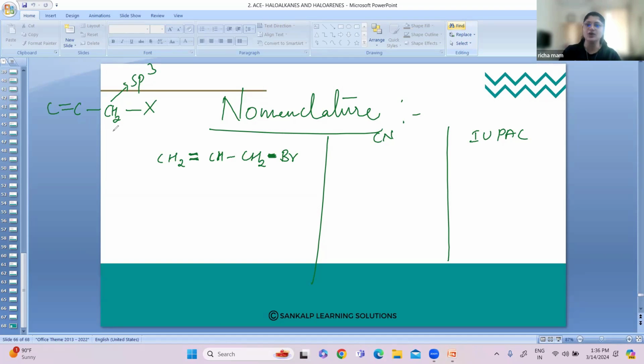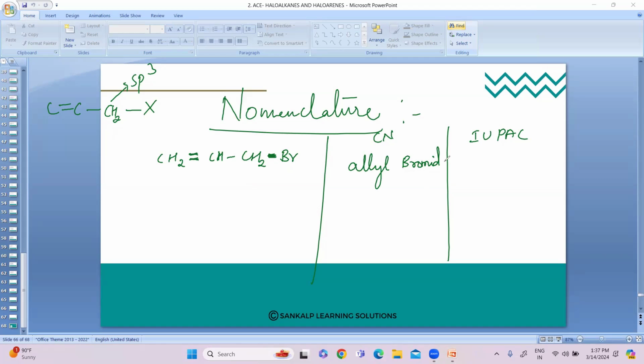What are they termed as, students? Allylic carbon. So this is allylic halide, and the halide here is bromide, so the common name is allyl bromide.